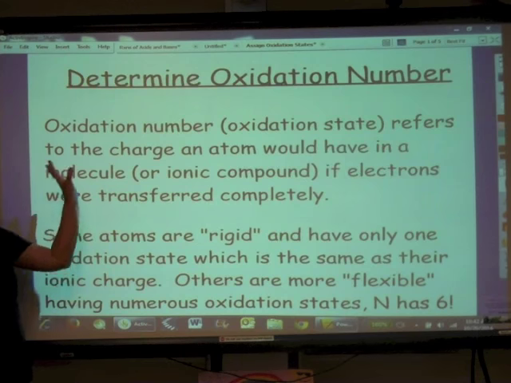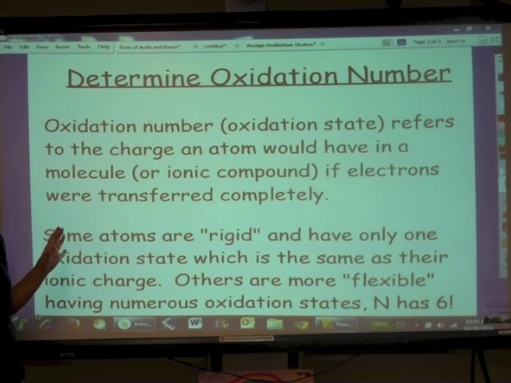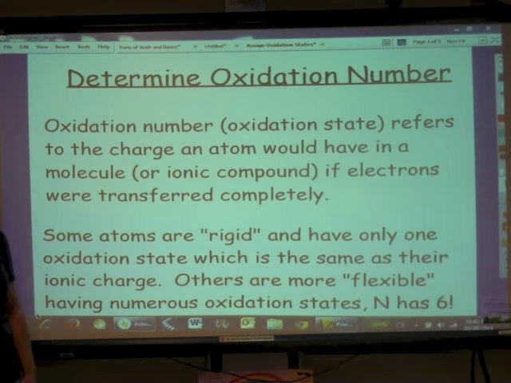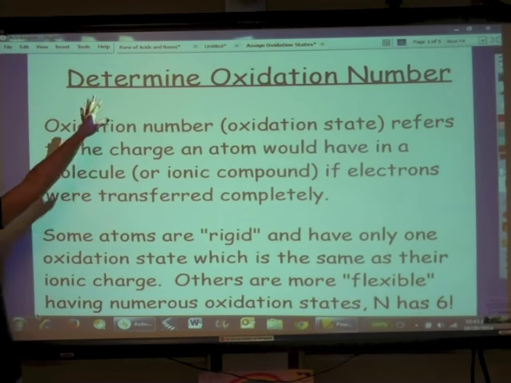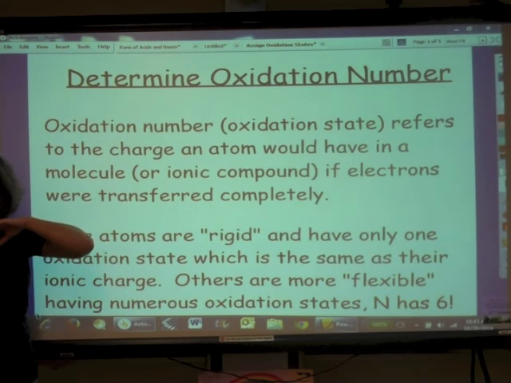The idea behind what oxidation state actually means is a little more abstract, and with more experience with these reactions, we'll get it. So this is some background, but let's not get lost in this. Let's just stay focused on the skill we're going to learn today, which is determining oxidation number.